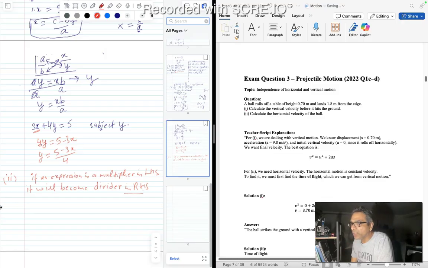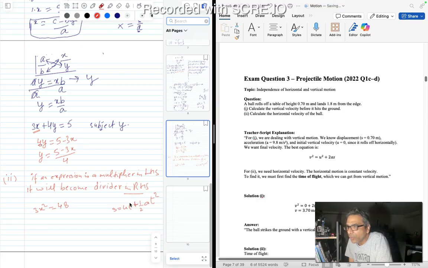So whatever the multiplier is, for example, if we have just 3x square equals 48, we will see these kinds of things when we solve the equation s equals ut plus half at square.